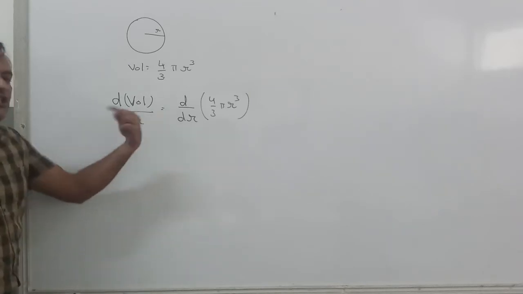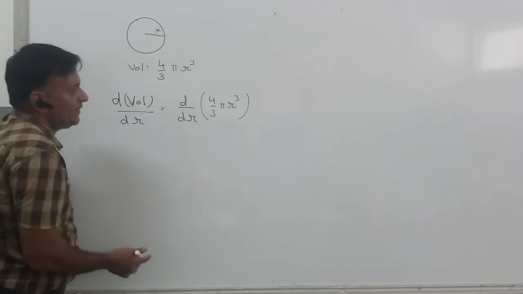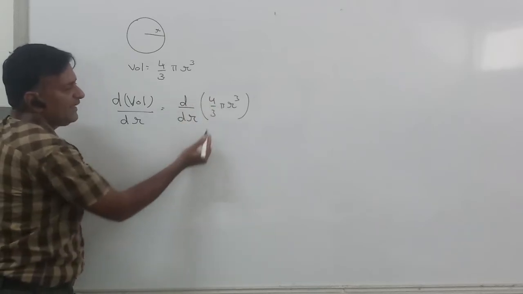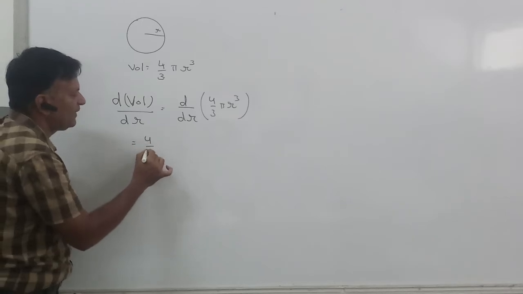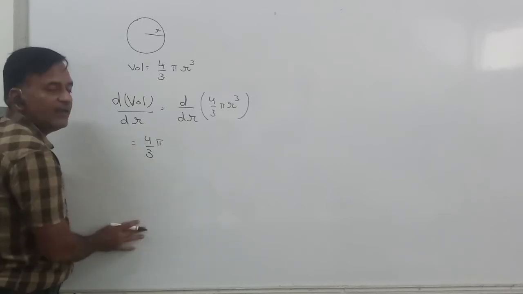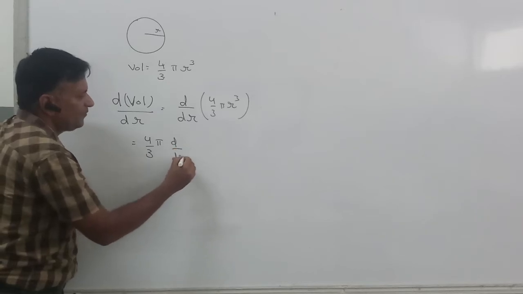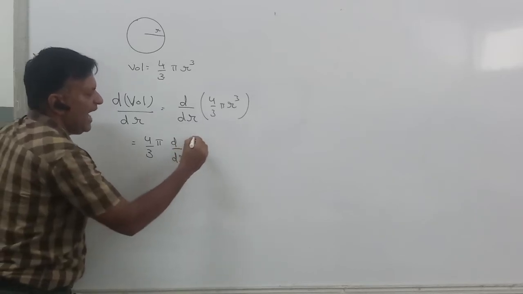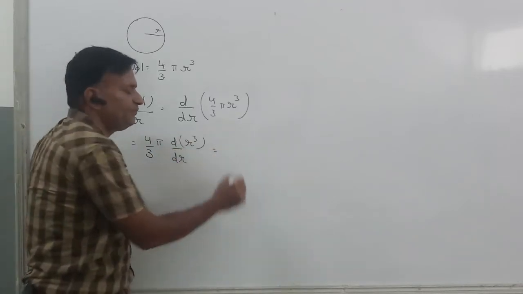Now you are going to differentiate. The first thing to be done, take the constants outside. What is constant? 4 will be constant, 3 will be constant, and pi will be constant. So better take these things out: 4, 3 and pi. Now what we are left with is differentiation of r raised to 3. How do you differentiate r raised to 3?